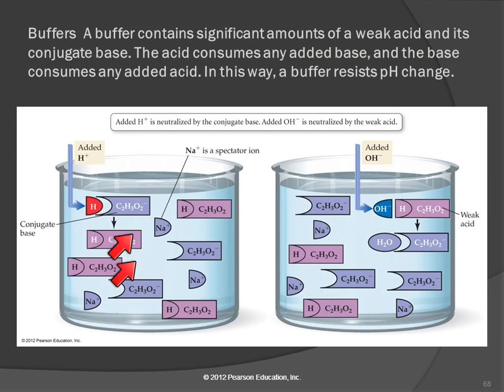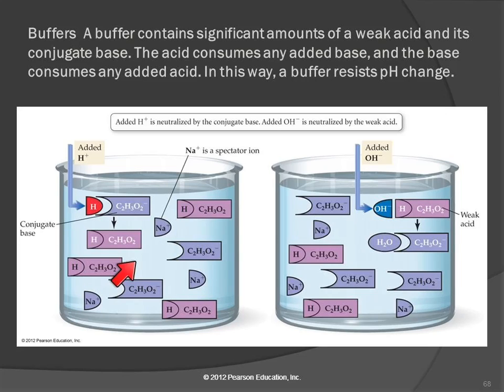portions. So if we add acid to this, here's the acid in red, the hydrogen ion. The hydrogen ion can react with the conjugate base, the acetate, and form acetic acid. And that neutralizes the acid and causes the pH to change very little, if at all.